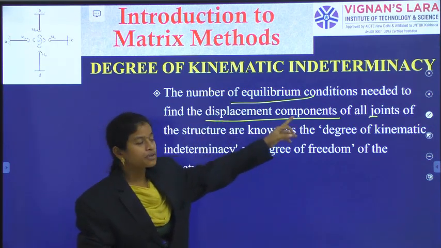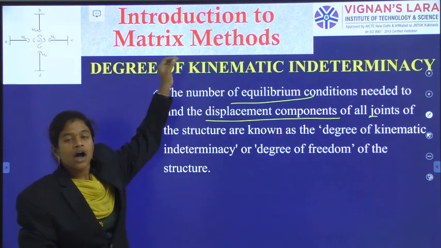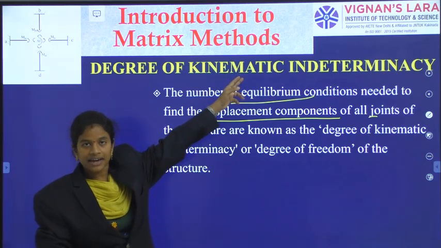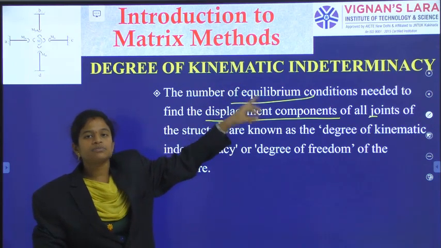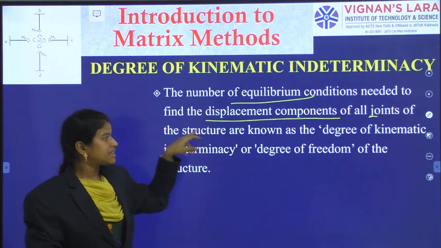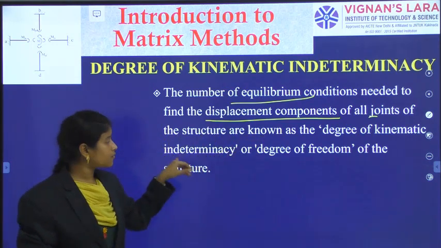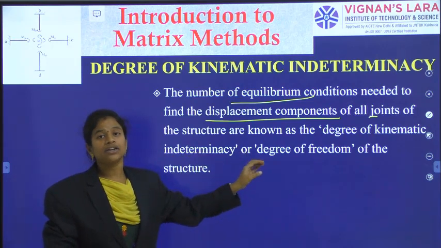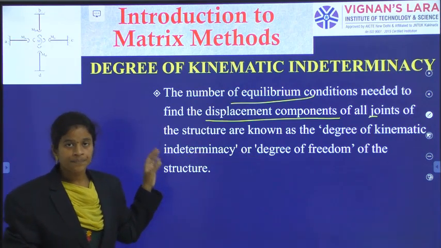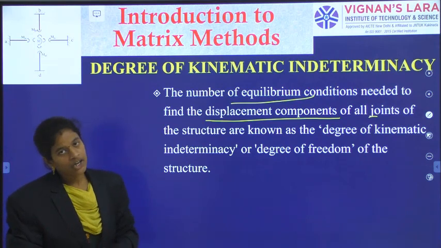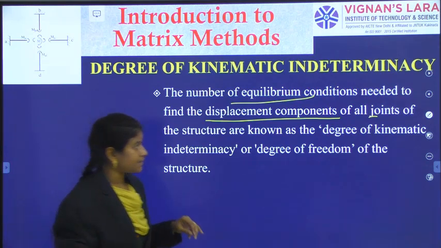Okay, so displacement components of the joints. So how many equilibrium conditions I need for calculating the displacements of the joints of the structure are known as degree of kinematic indeterminacy or degree of freedom of the structure. Okay, so once you see the example, you can think what the things they are saying.